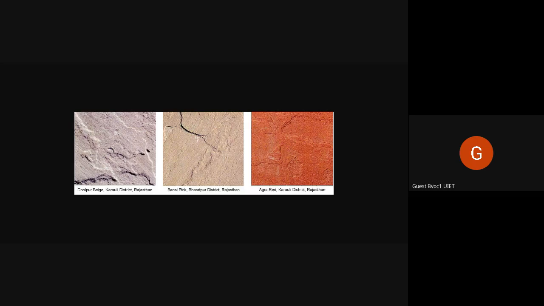And because it is so readily available in north and central India, in old monuments you'll find a lot of sandstone. Because now we want to import marbles and Italian marbles and this and that, but our vernacular architecture, meaning our traditional architecture, typically uses building materials that are already available near the site.